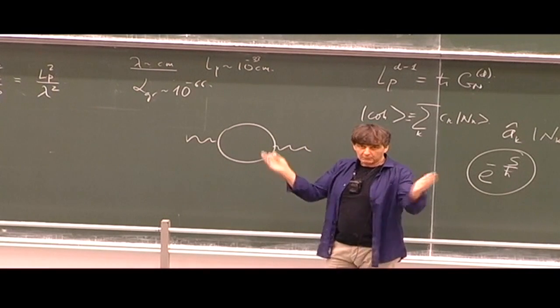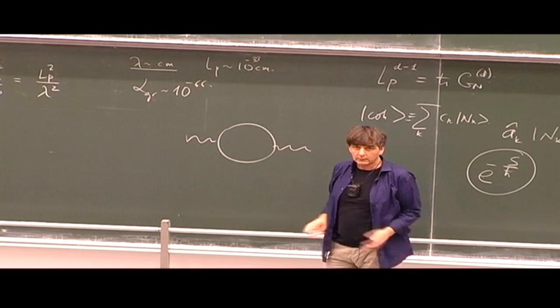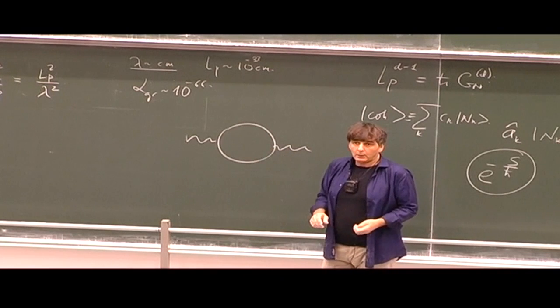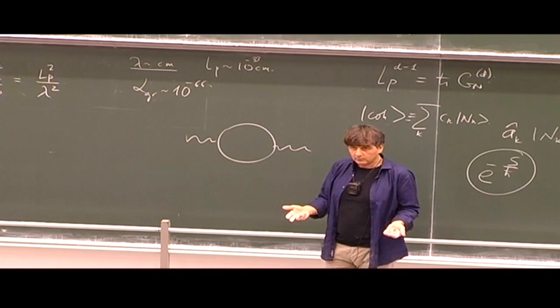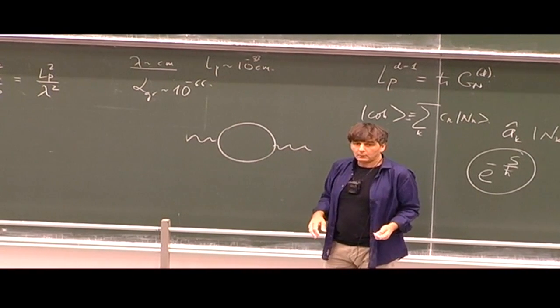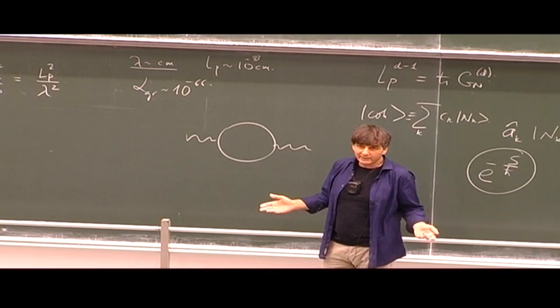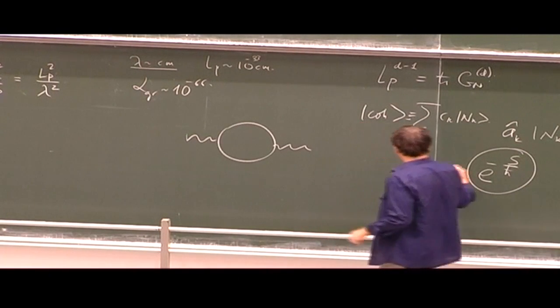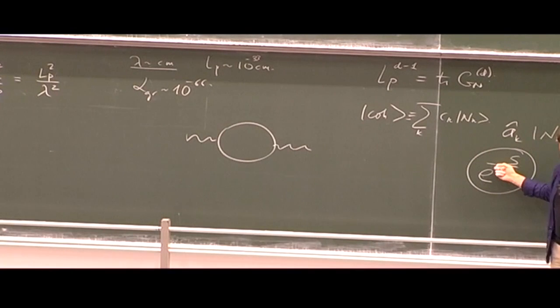I don't know, some elephants, whatever, right? You can, in principle, okay? But you don't care because you know that they will give an extremely suppressed contribution. And that's why we normally don't care to take into account these huge intermediate multi-particle states in our processes, okay?